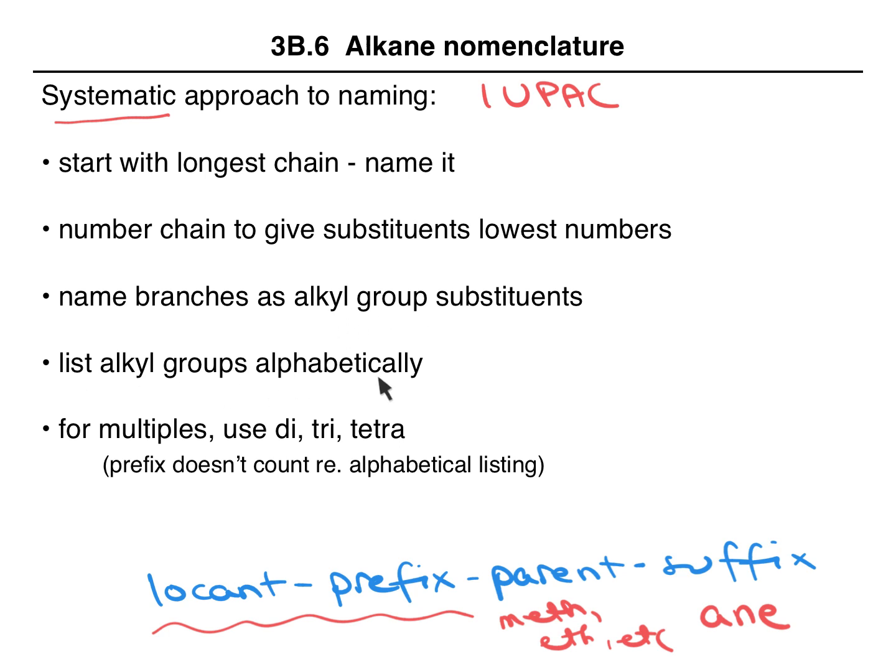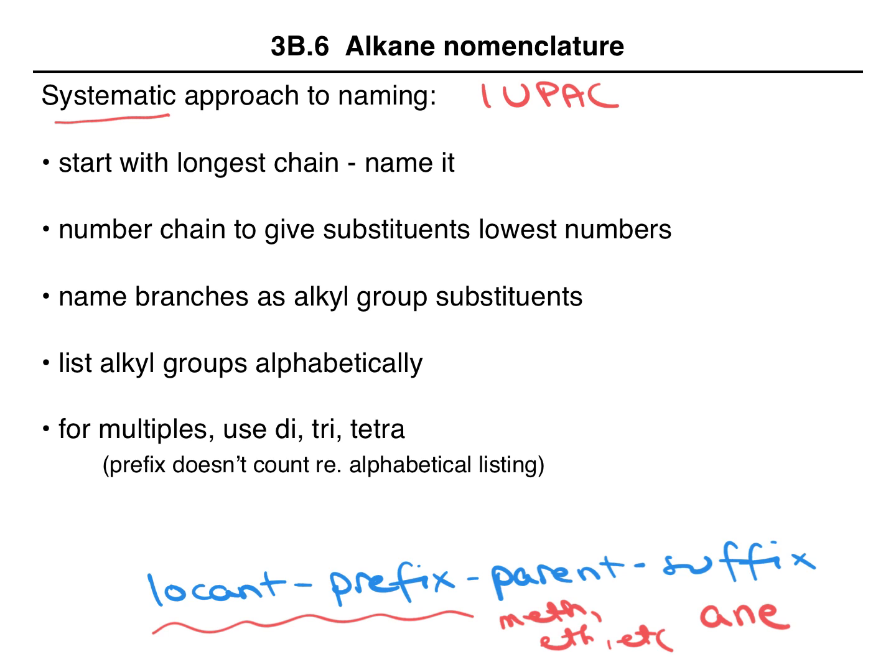We're going to list the alkyl groups alphabetically, so not by number, but alphabetically. And finally, for multiples, we'll use di, tri, tetra if we have multiples of the same substituent. But the di, tri, tetra doesn't count regarding the alphabetical listing.